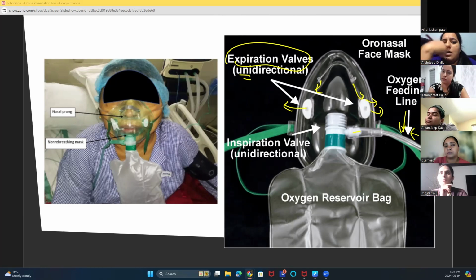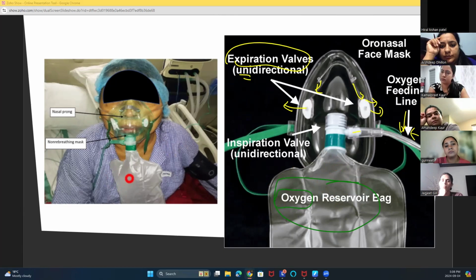Now, what is the difference from the other one? What does this reservoir mean? This is known as the oxygen reservoir. The question sometimes comes in the NCLEX exam that this bag is not inflated. What will you do?